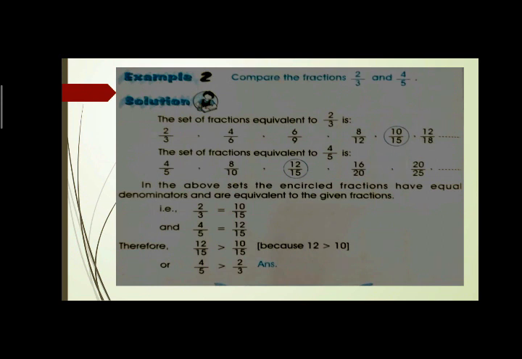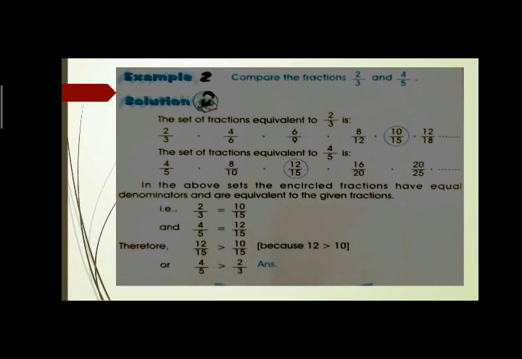On the basis of these denominators, we easily compare these equivalent fractions to see which one is bigger or smaller. In the above set, the circled fractions have equal denominators and are equivalent to the given fractions. Means 10 upon 15 is equal to 2 upon 3, and 4 upon 5 is equal to 12 upon 15.